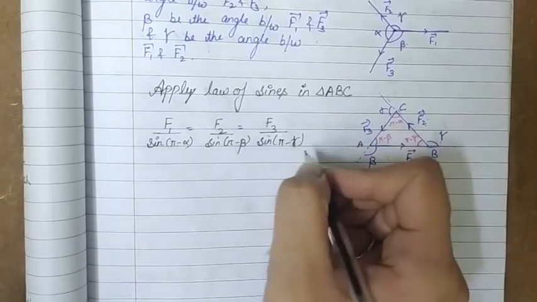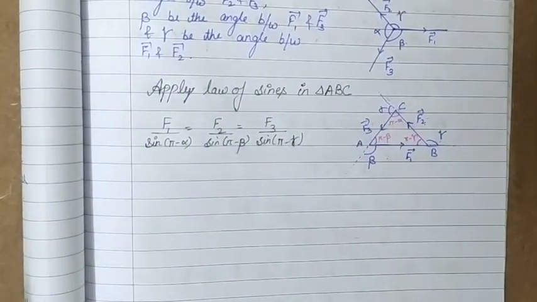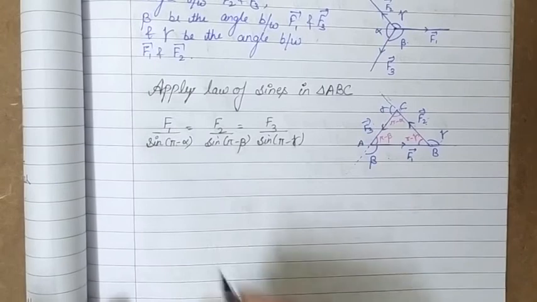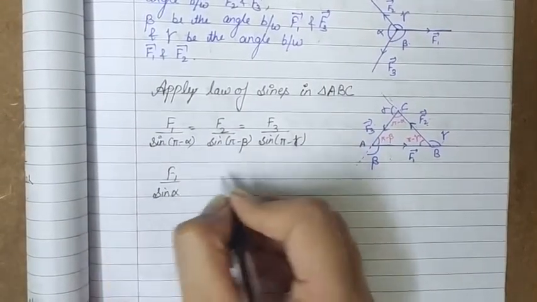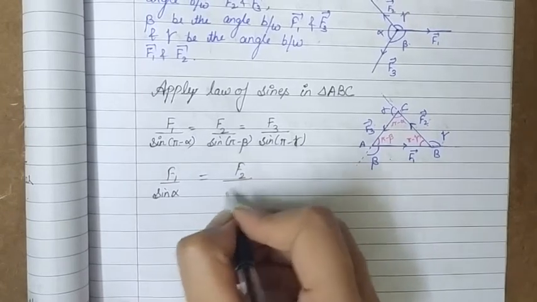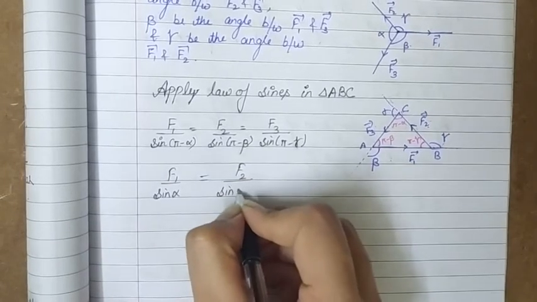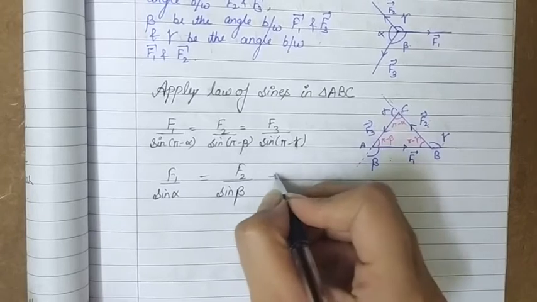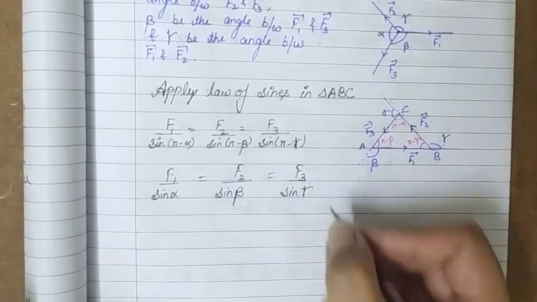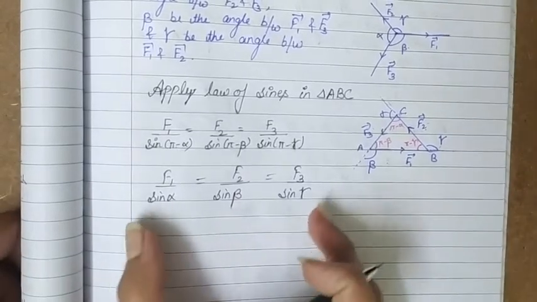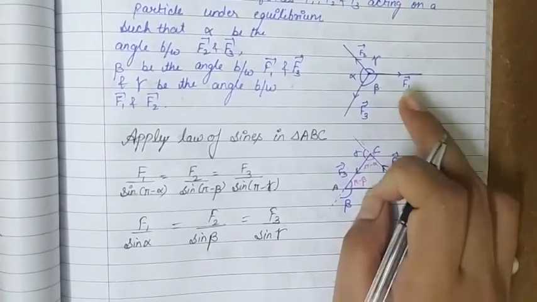Now we know that sine pi minus theta is sine theta itself. So we can write it as F1 upon sine alpha is equal to F2 upon sine beta is equal to F3 upon sine gamma. Now to state Lami's theorem, we are going to compare this result with this diagram and we can give the statement.